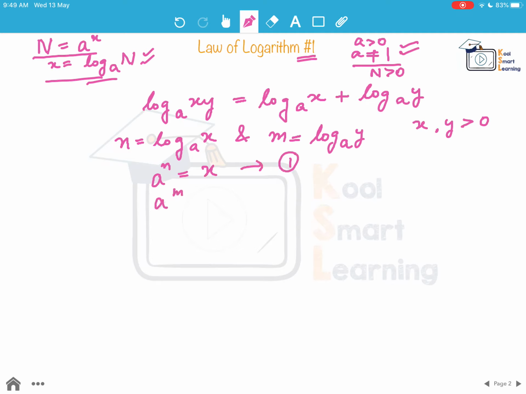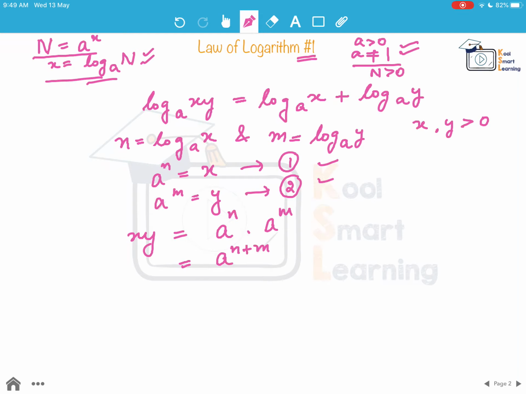And a raised to the power m is equal to y. Let's call this 2. Now what is xy? We multiply 1 and 2 and we get this is equal to a raised to the power n into a raised to the power m. Now using the property of exponents, we call this a raised to the power n plus m.